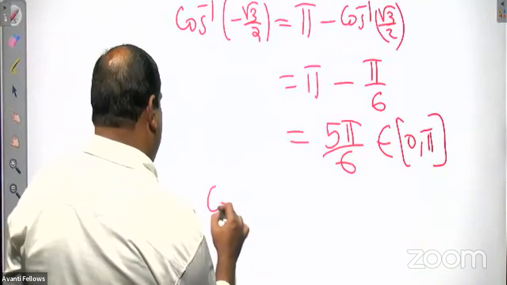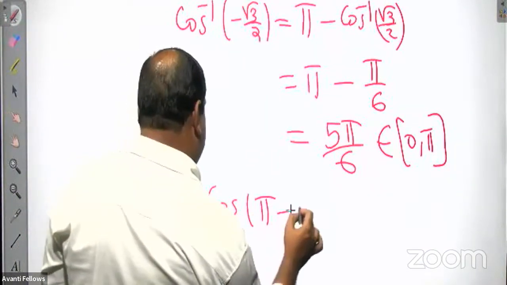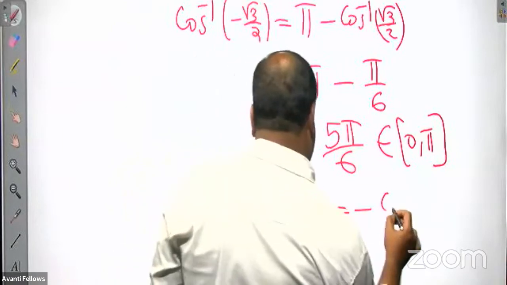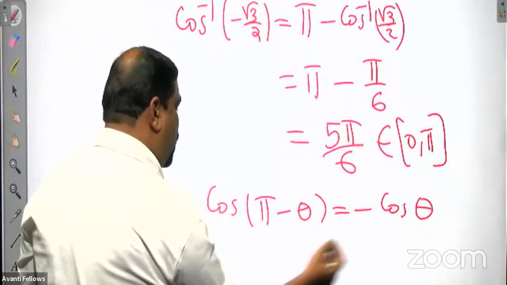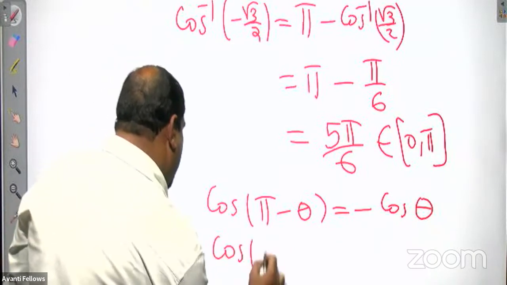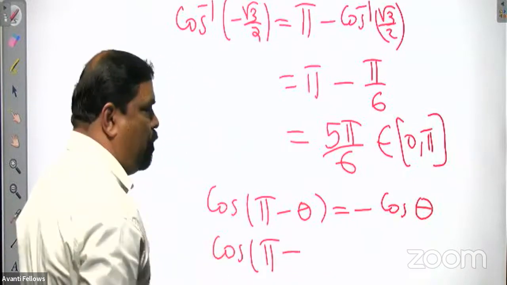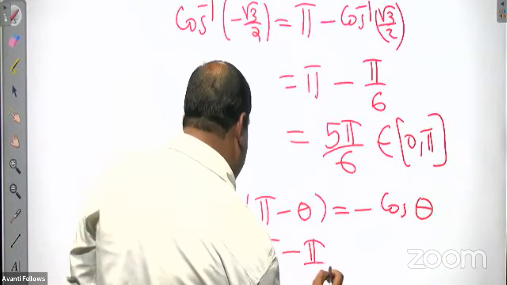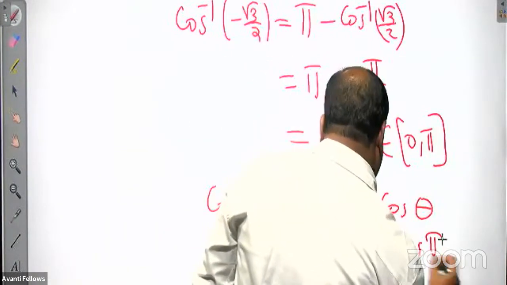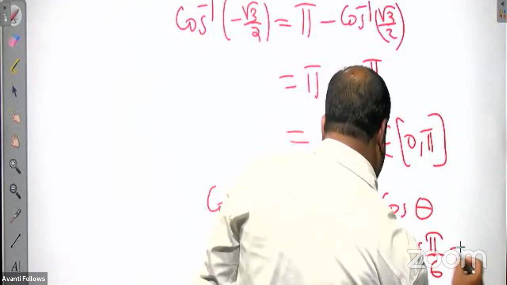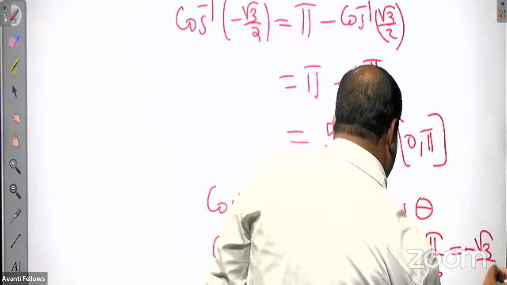Cos pi minus pi by 6 equals minus cos pi by 6, which stands for minus cos 30 degree, that is minus root 3 by 2.